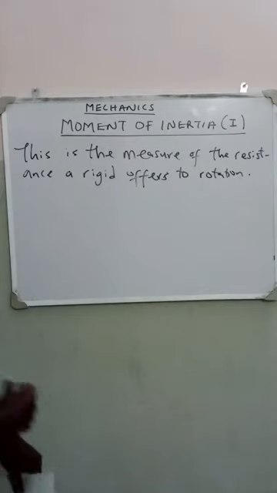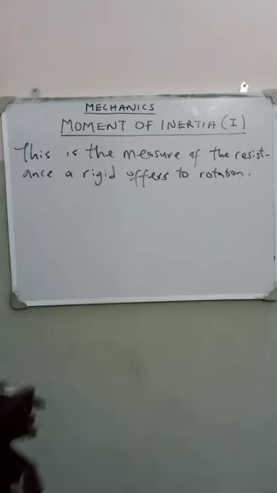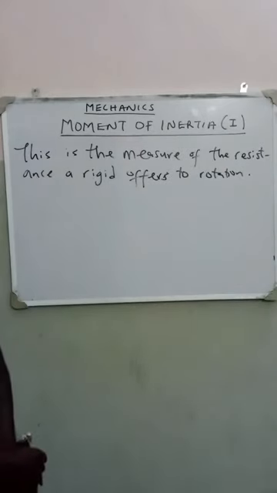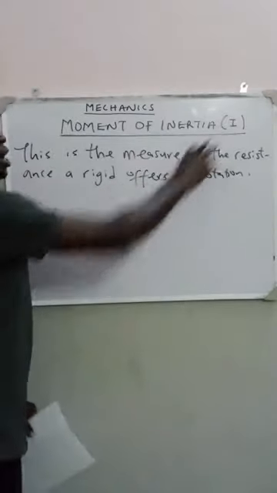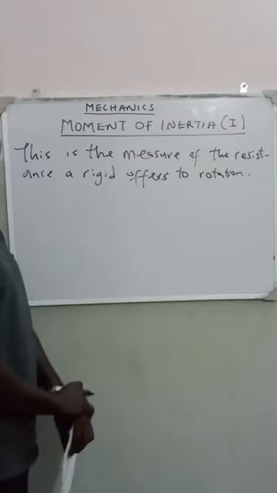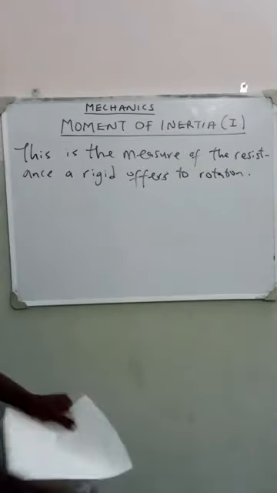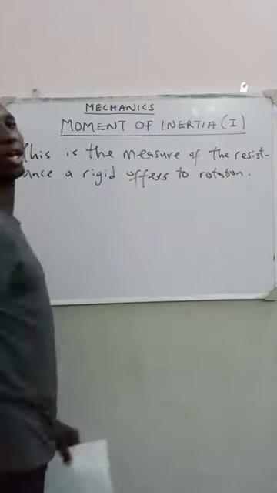So the measure of the resistance a rigid body offers to rotation is called moment of inertia, and it is denoted by symbol R. Please, let's take note of that.